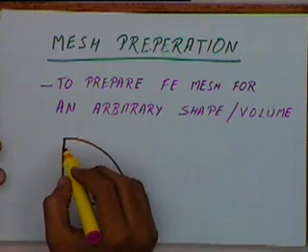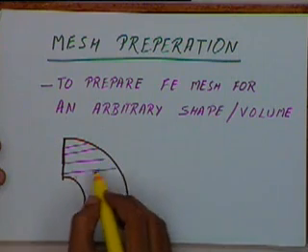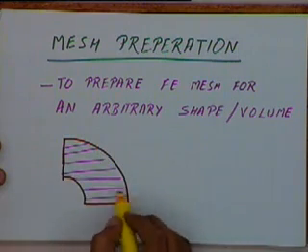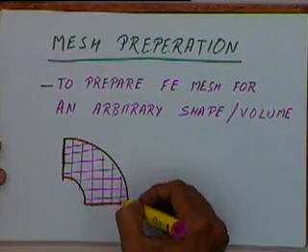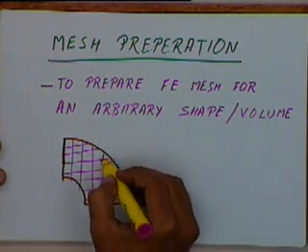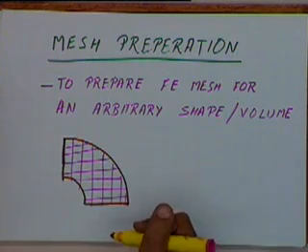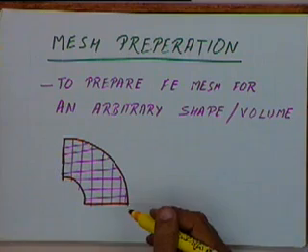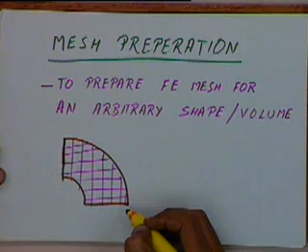Because let us say if we want to make a mesh which is just like this, consisting of rectangular elements, firstly we might not get the best result in this case, and secondly the numbering pattern might also not be perfect, and our boundaries might also not come out to be very nice.